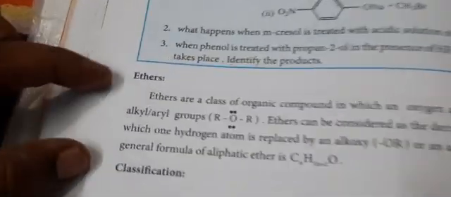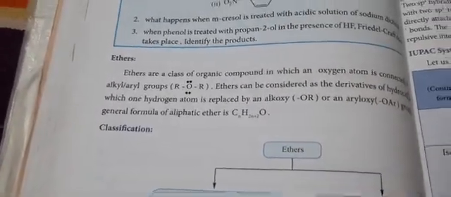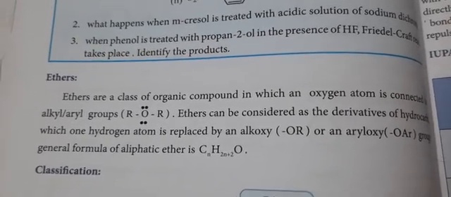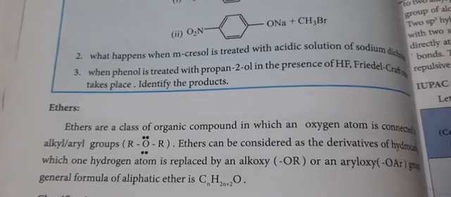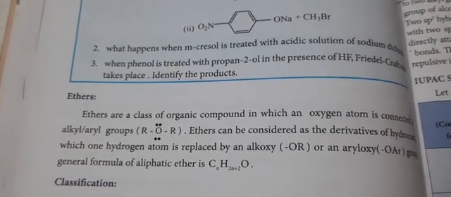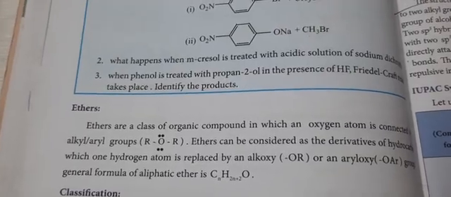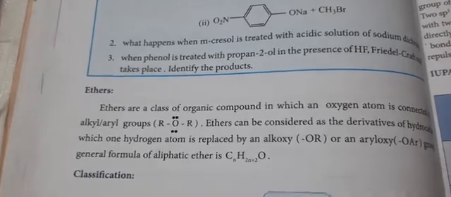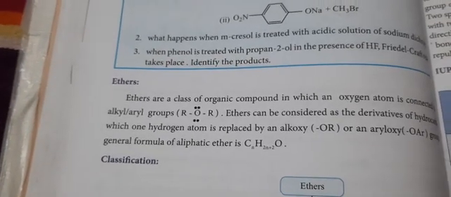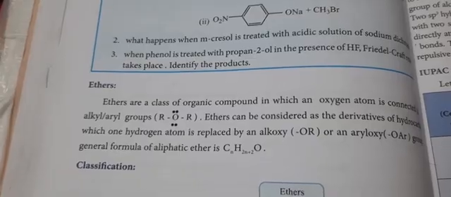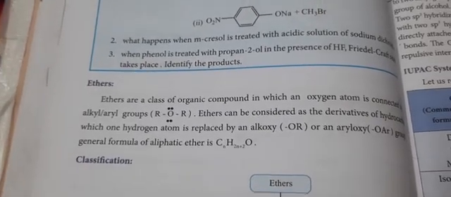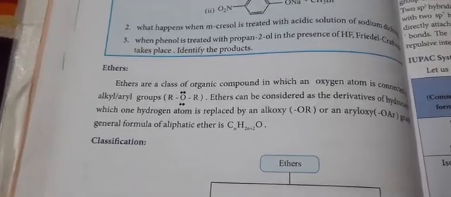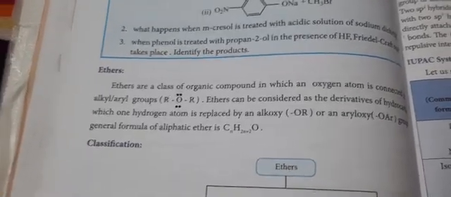In this paragraph totally 3 points are given. The first point is ethers are a class of organic compound in which an oxygen atom is connected to two alkyl groups or aryl groups. Aryl name comes from aromatic. Aromatic means benzene ring. This is the first point.